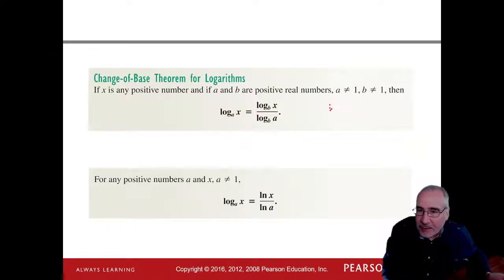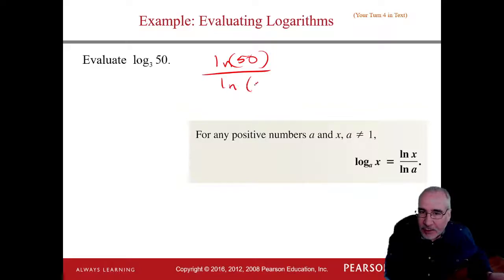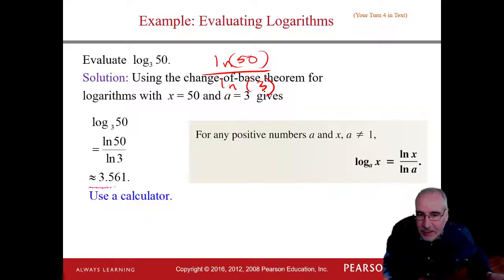Oftentimes we would go using log base 10 over log base A. So to evaluate this, we can plug that in with either base 10 or natural log of 50 divided by natural log of 3, and calculate it as accurately as we need.